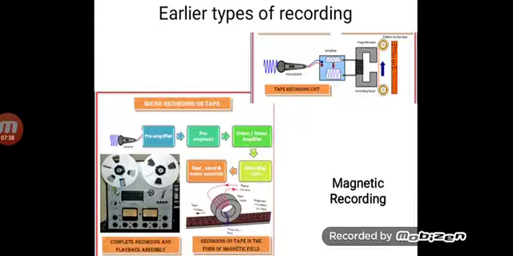Like you would have gone through a hysteresis curve, and you have observed that once you keep on increasing the current on one side, the magnetism will keep on increasing, the magnetic field strength and the density will keep on increasing. Once you try to reduce the current, there will be a certain amount of residual flux still present in that magnetic material.